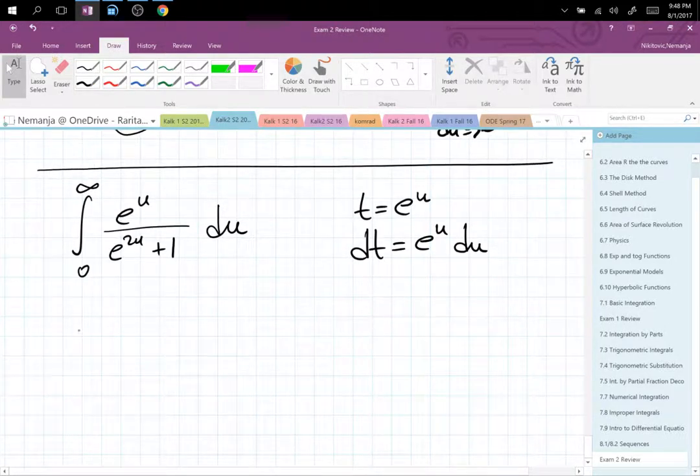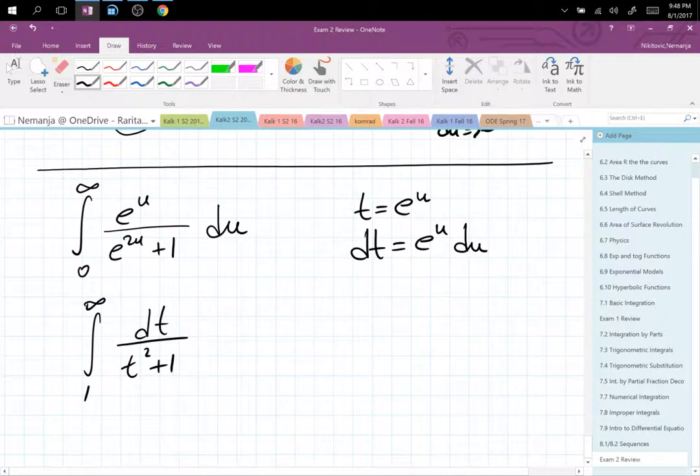So when you plug this in, 0 to infinity becomes now 1 to infinity. e to the u du is dt, and on the bottom you have t squared plus 1.